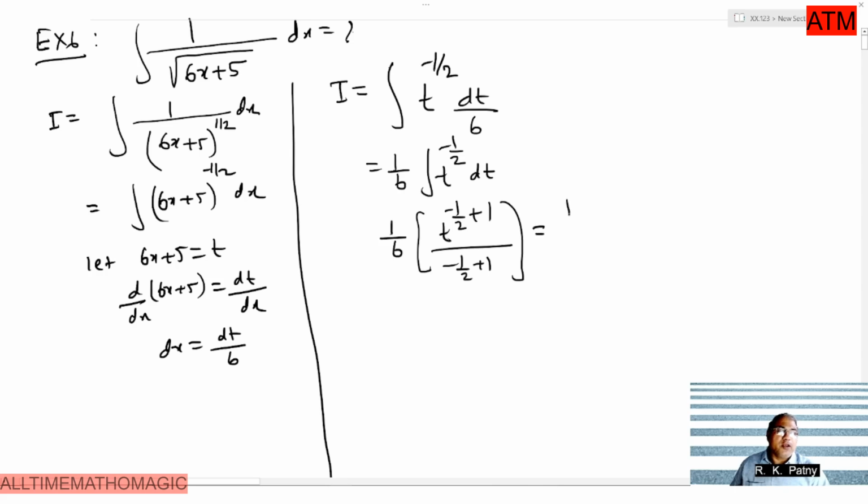This is equivalent to 1 upon 6 and t raised to 1 by 2 upon 1 by 2, which is 2 upon 6 into t raised to 1 by 2.